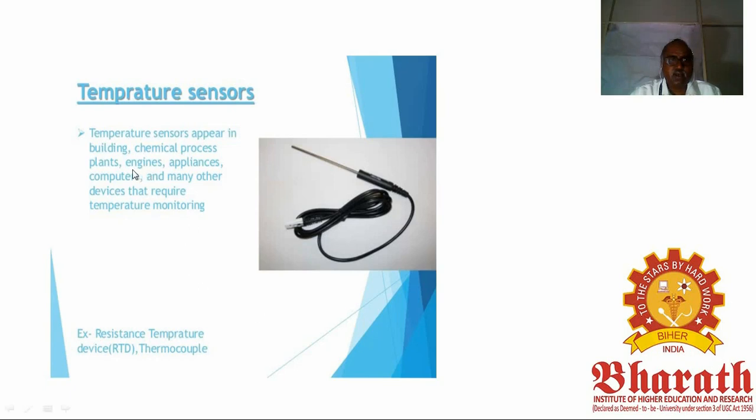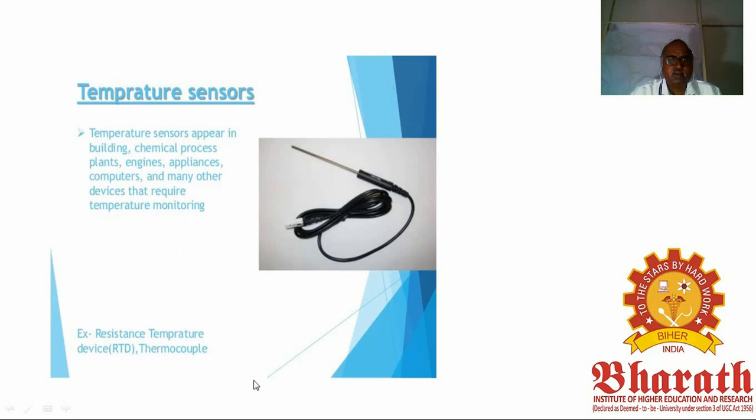Similarly, they can be used in engines, appliances, or even computers, so that certain parts are not overheated. There will be a feedback loop connected to the sensor, which will operate so that the temperature is maintained at an adequate level.